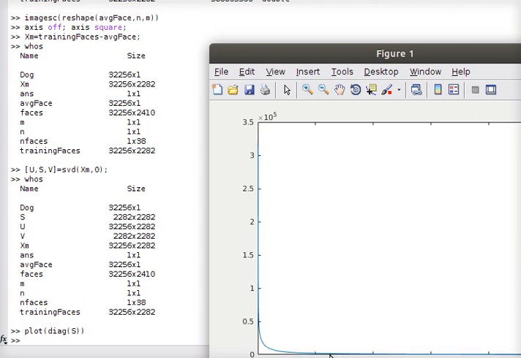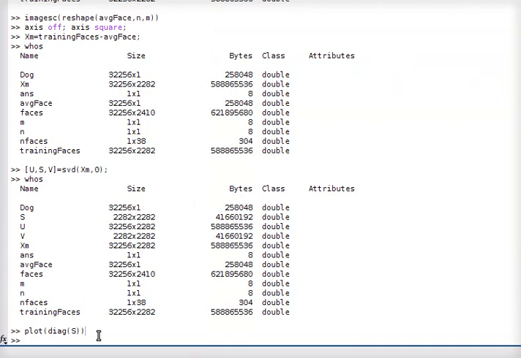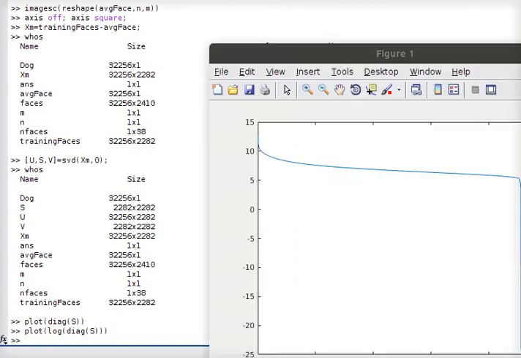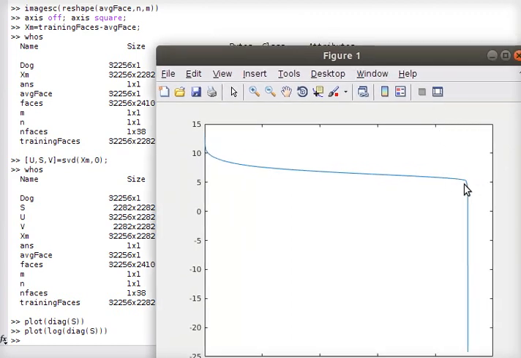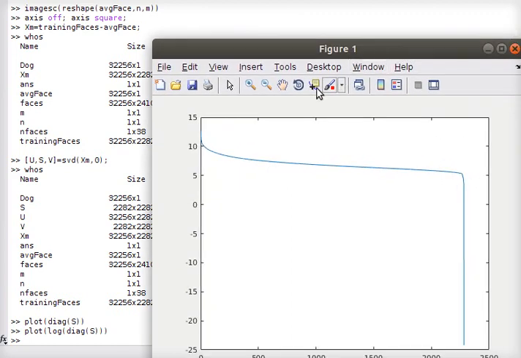So that's indicative of something that might be a lower dimension. But let's see if we can do a little bit better job of viewing that. So we'll take the log of the diagonal of S, and then we can kind of see it better. Good. And so you can see here that there's a value at which things take a dive.